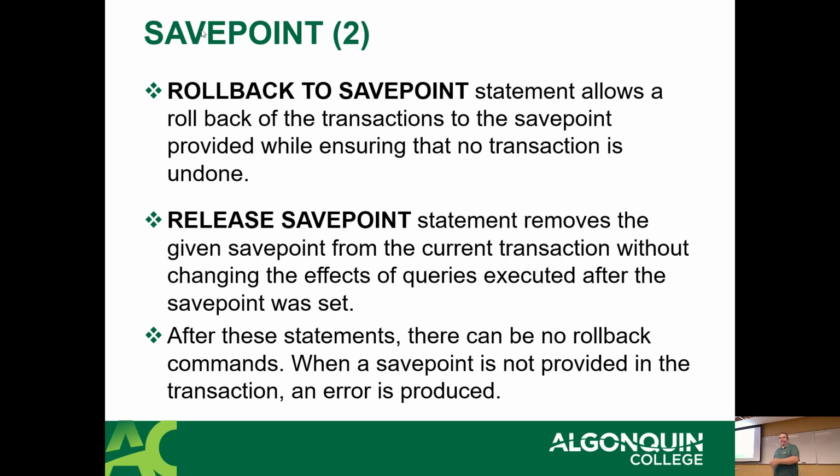So it's roll back to save point and you give it the number you need. You can release a save point. So that means that when you issue release save point, it removes the save point from the current transaction without changing the effects. That means that you've reached a certain point. You create save point one, do some more transactions, create a save point two. In theory, you could remove save point one so that you can't roll back to it anymore because everything is good.